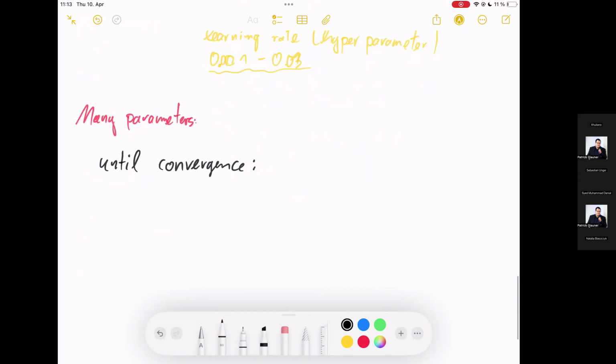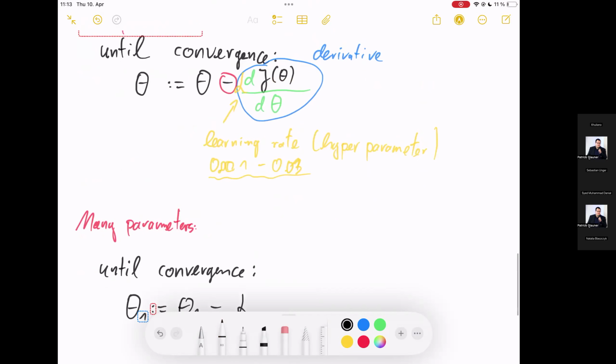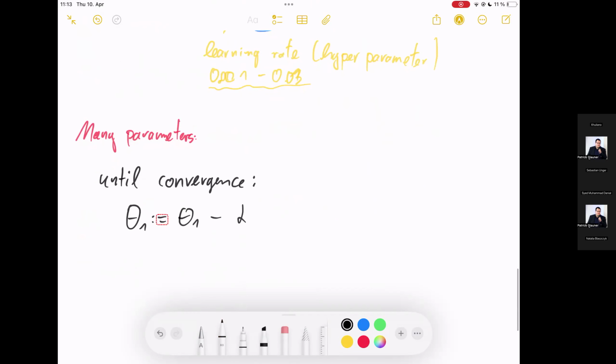We say our parameter 1 is parameter 1 minus the learning rate times the derivative of the error function along our parameter.